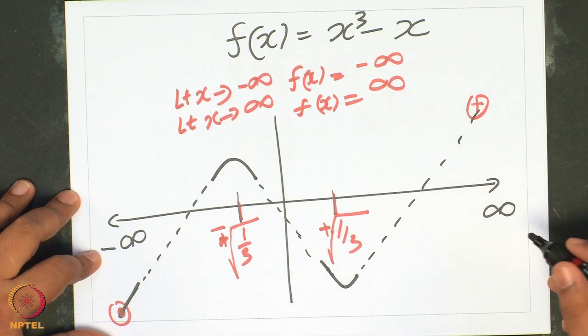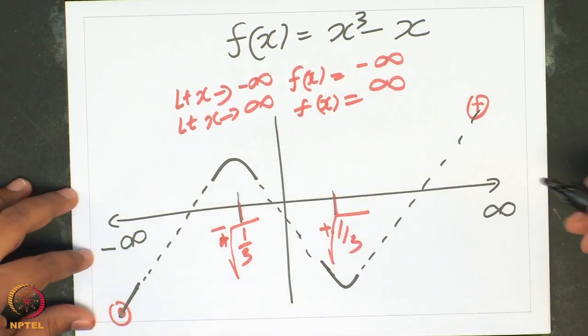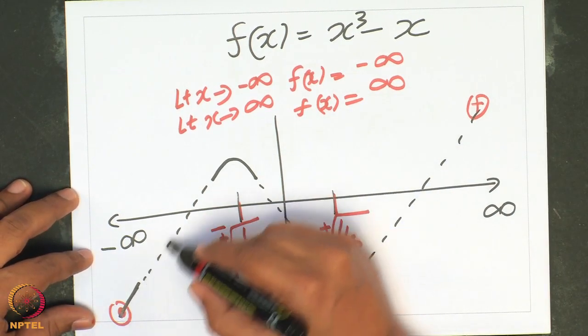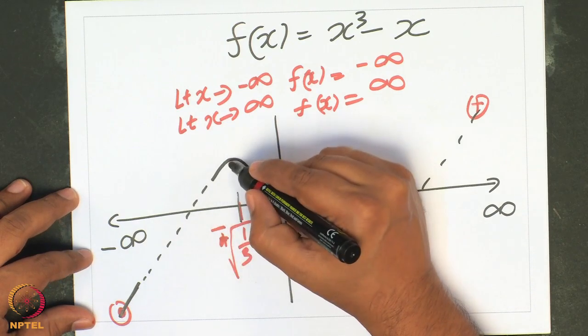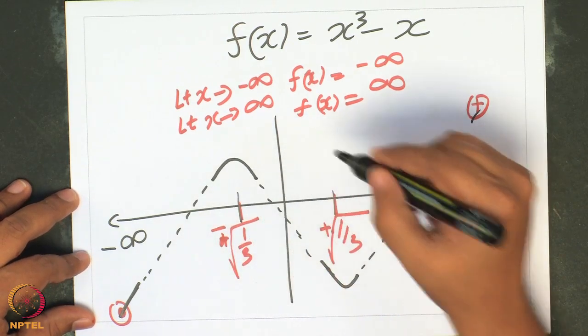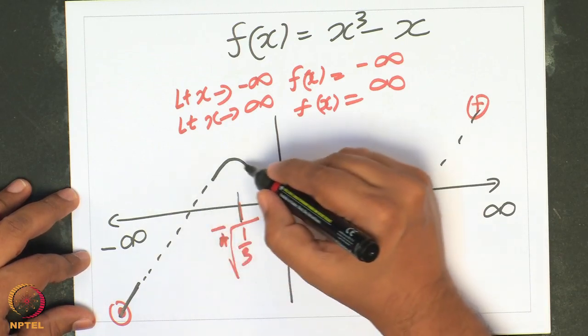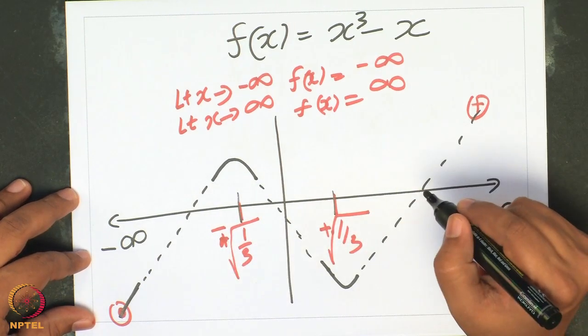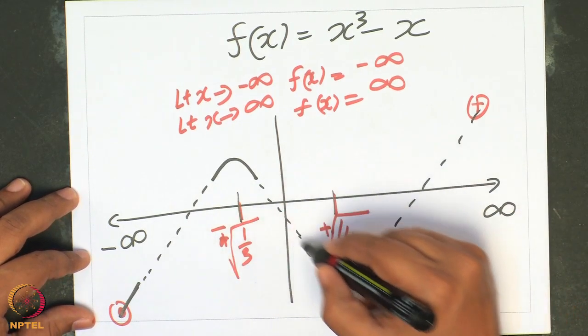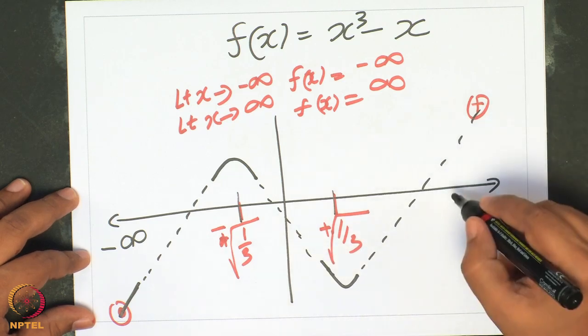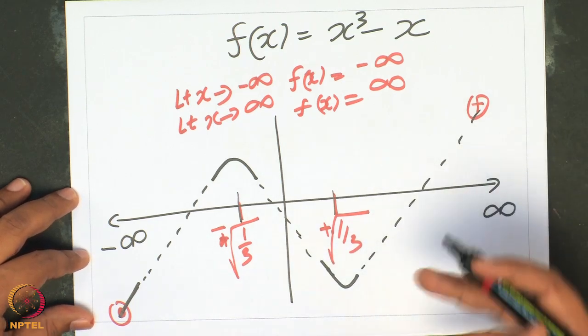This is some guess that I am making, but we have to confirm it. If it starts here, it makes a turn here, and only 2 turns, and then it comes and turns again here and then reaches the value. This is one possibility.